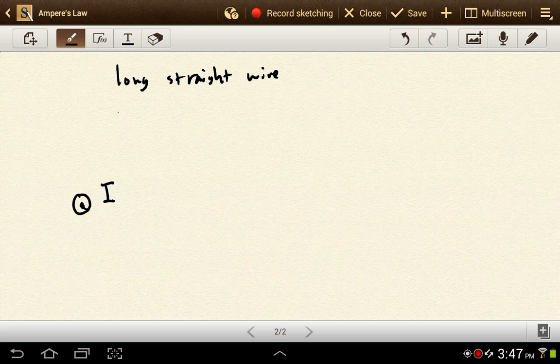And we want to find the magnetic field at a distance r from the wire. This distance is r. We want to find the field at this point here.